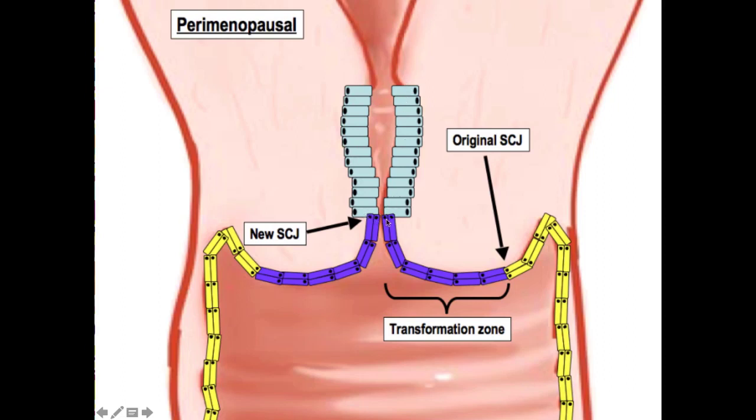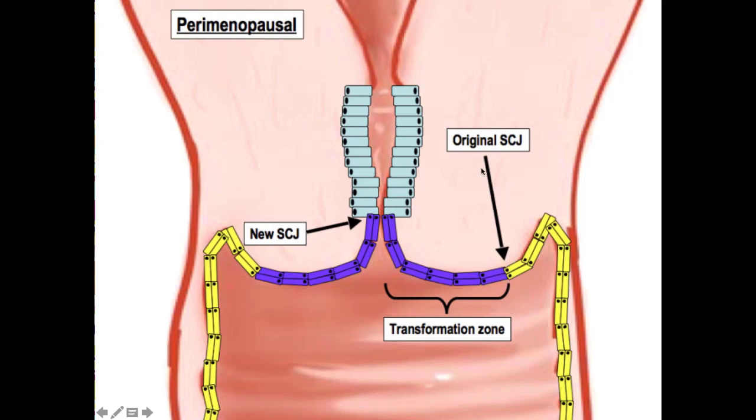So, endocervix, again, here, one layer of columnar epithelium. This is the original junction when you have a girl before puberty. So then the junction is here. Then during reproductive life, the zone shifts here to be ectocervical.